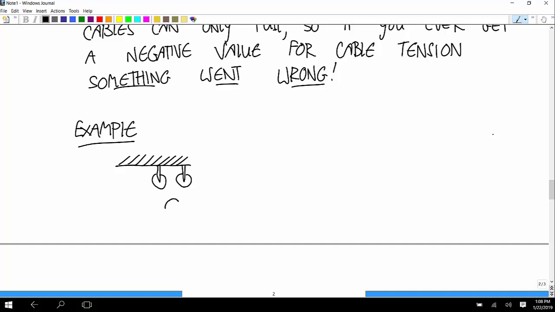And then two pulleys that are hanging from the cable, and those are supporting a mass. Let's say that mass is 100 kilograms.